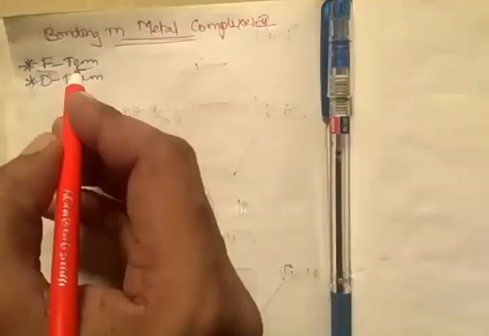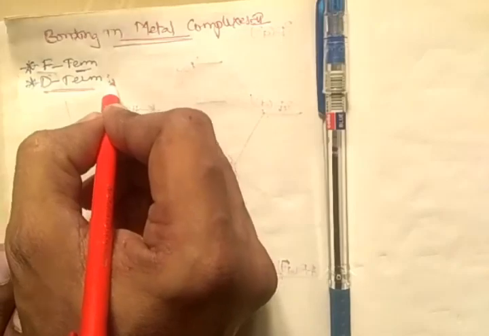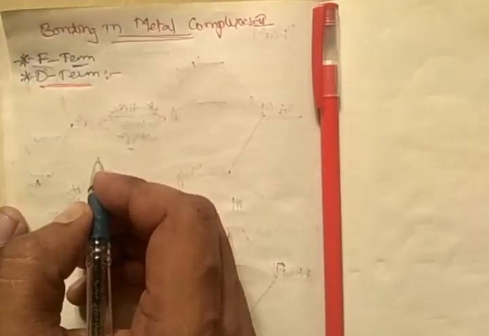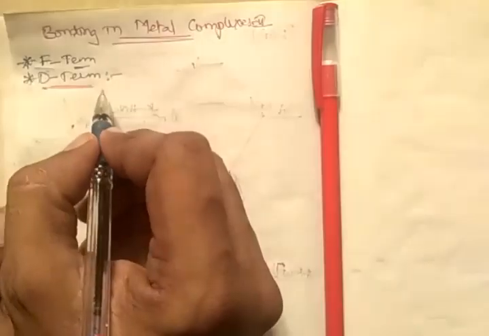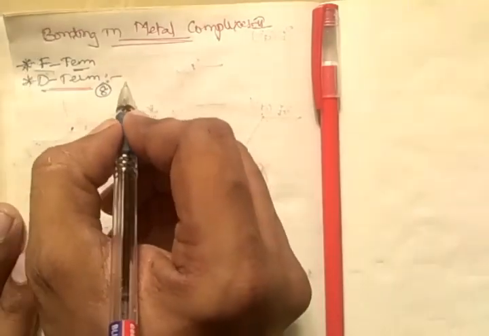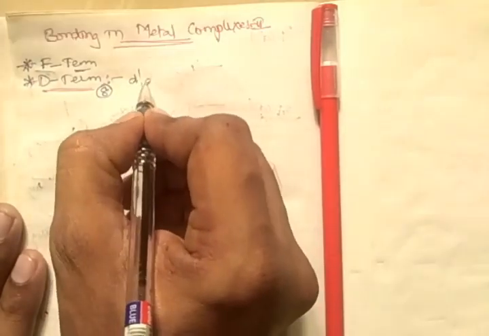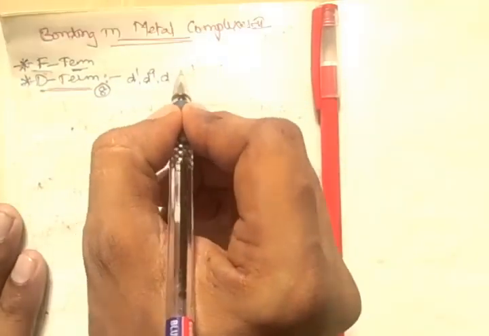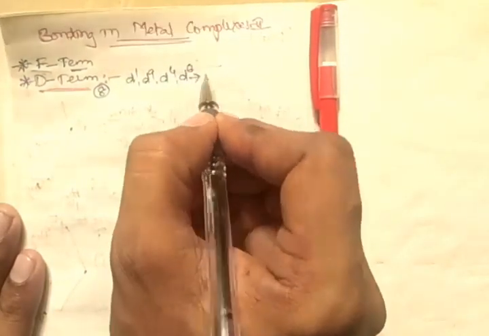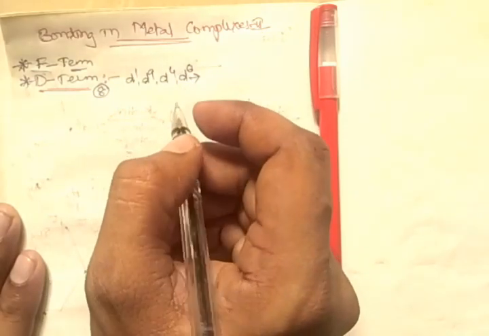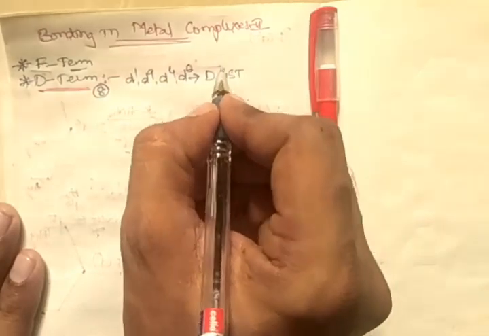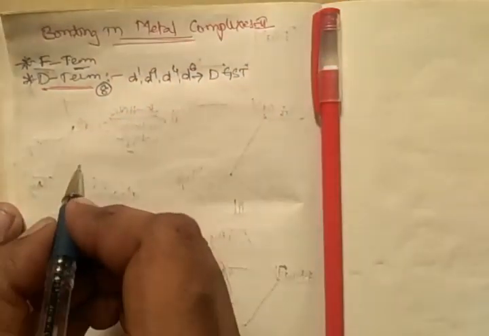Coming to the D term, we can observe 8 splitting diagrams, as the d1, d9 and d4, d6 electronic configurations have the D term as the ground state term.